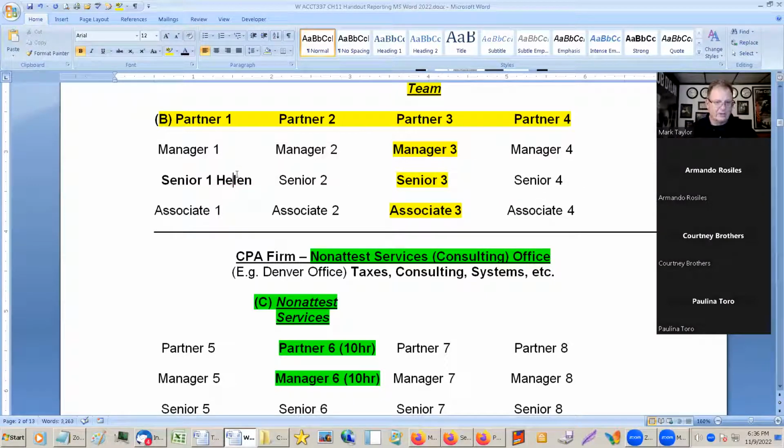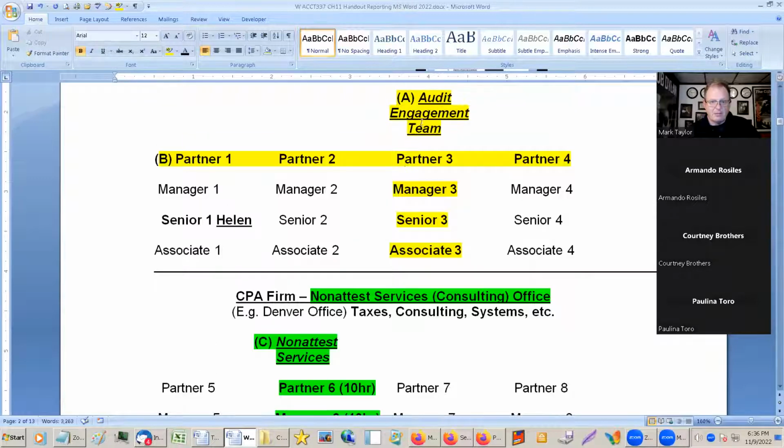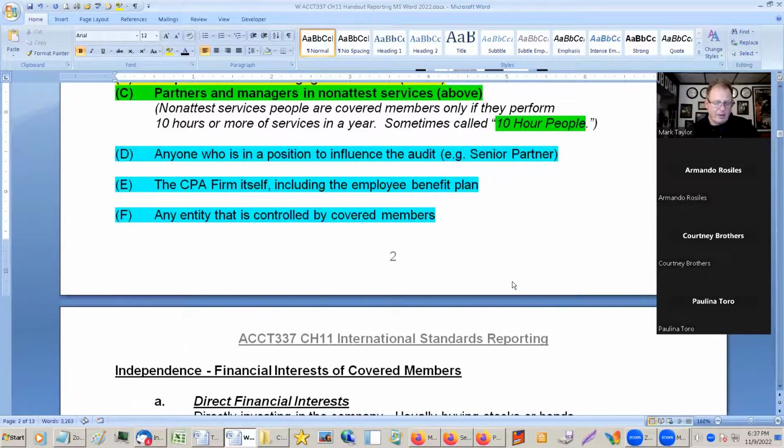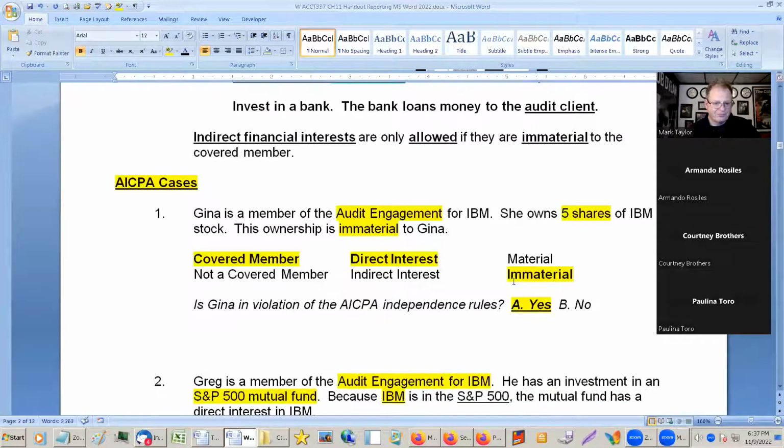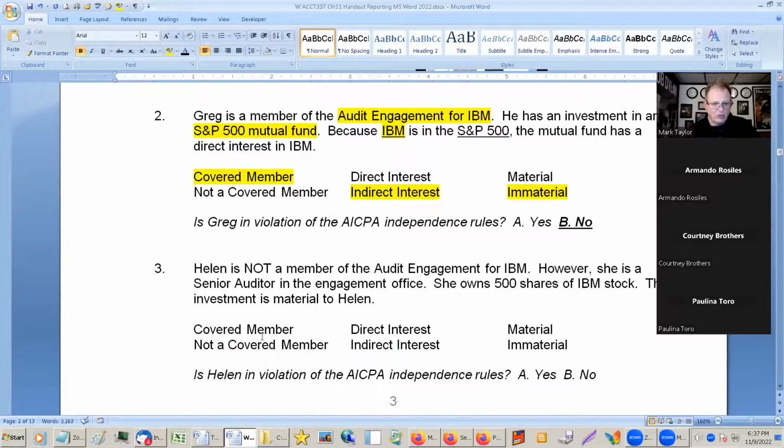She's not a partner. So is she a covered member? No. Not a covered member.